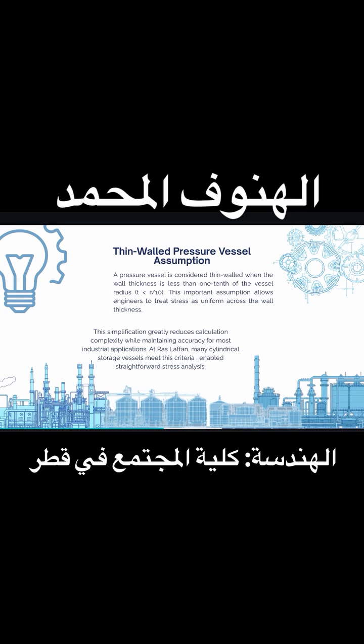Thin-walled pressure vessel assumptions. A pressure vessel is considered thin-walled when the wall thickness is less than 1/10 of the vessel radius. This important assumption allows engineers to treat stress as uniform across the wall thickness.